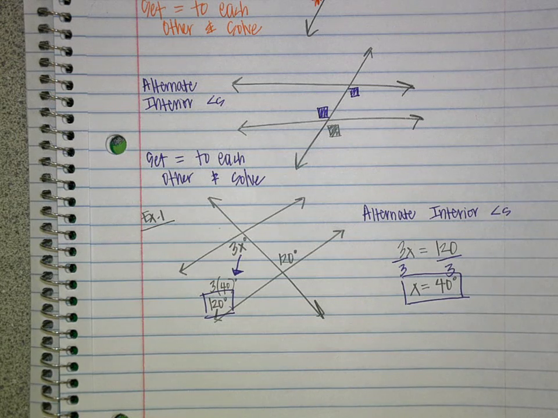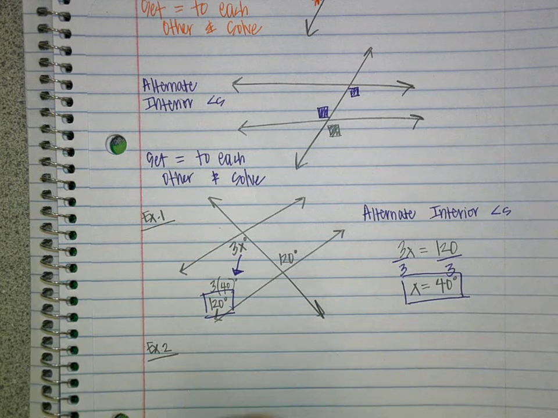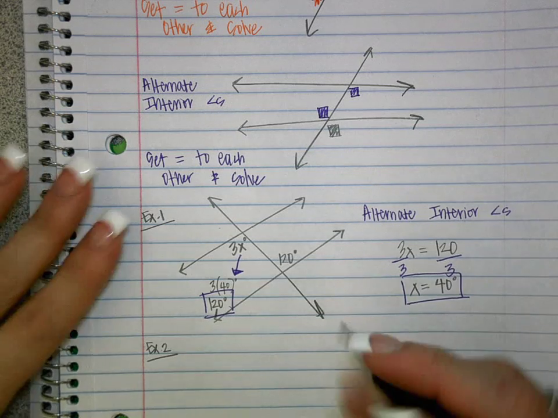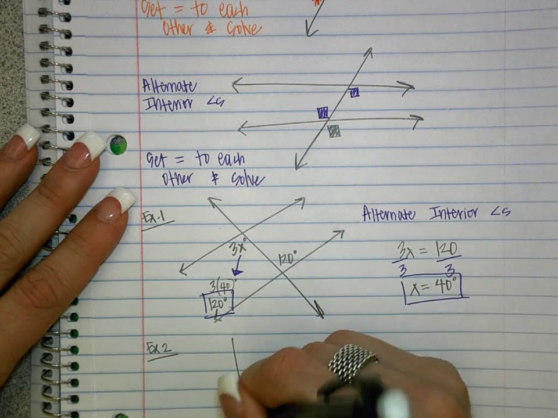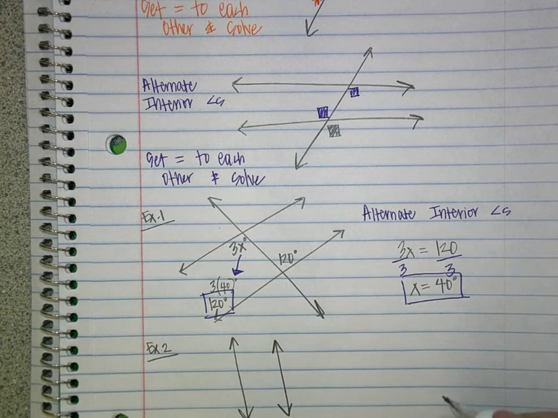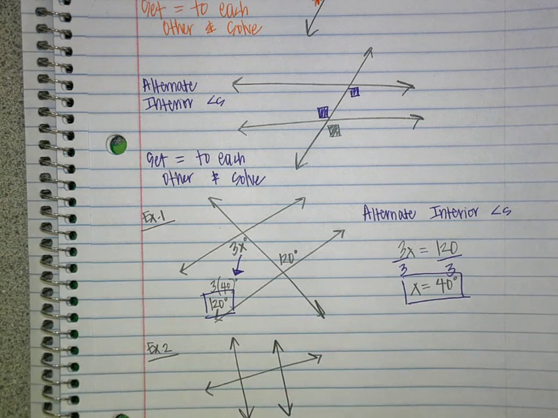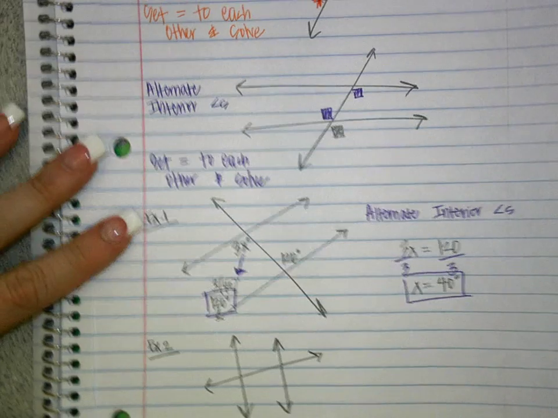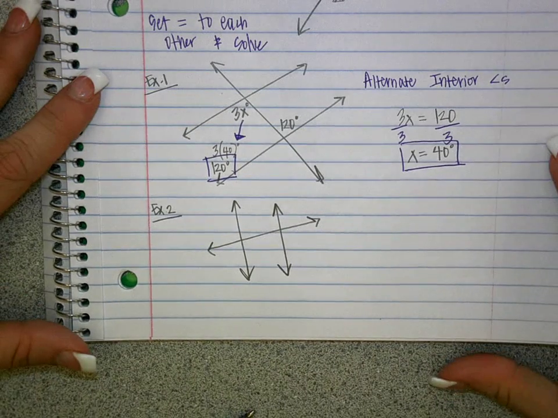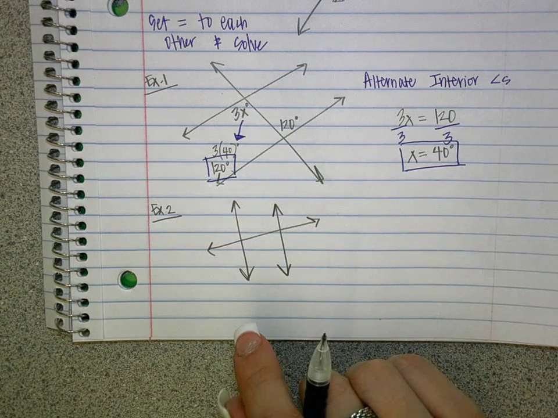Not too bad, hopefully. Let's try another one. Number 2. Let's say we have up and down parallels with a transversal going through them.